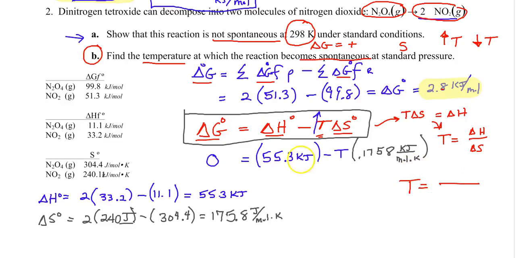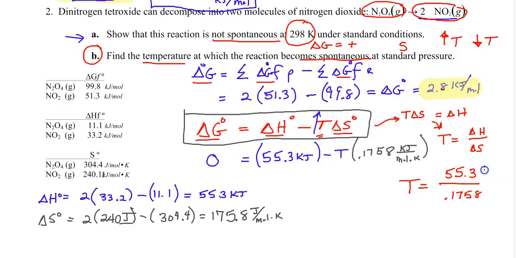And again, you could have solved it this way. Obviously, this would be negative, positive T over on this side, so it winds up being the same thing. T equals 55.3 kilojoules, and of course, this is going to be 0.1758 kilojoules.